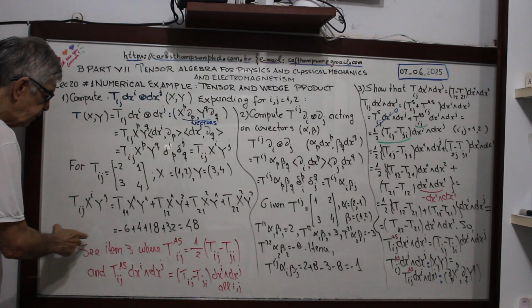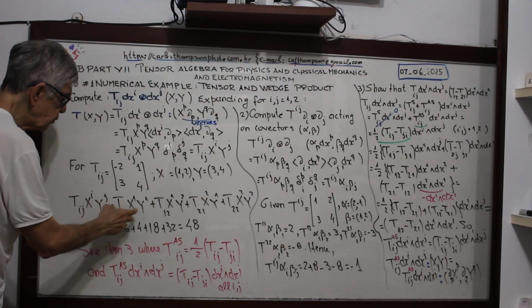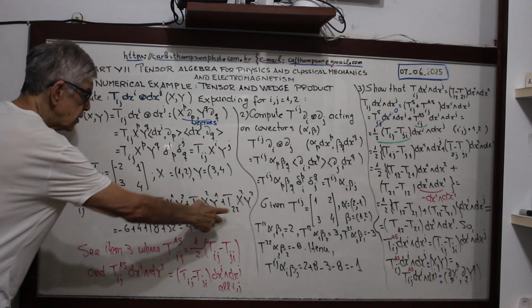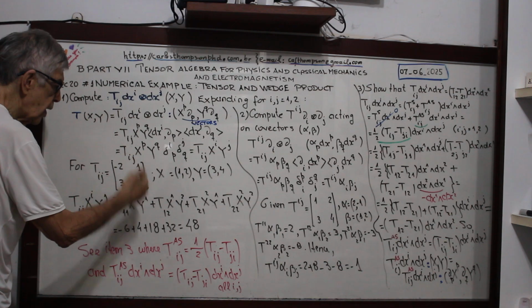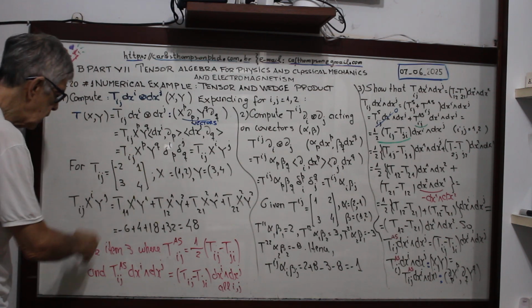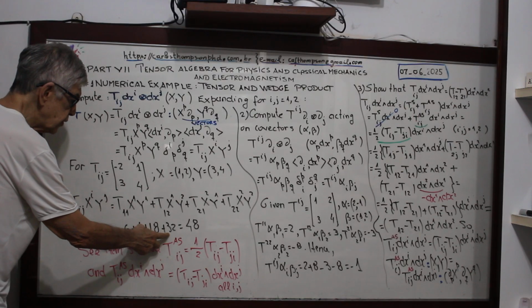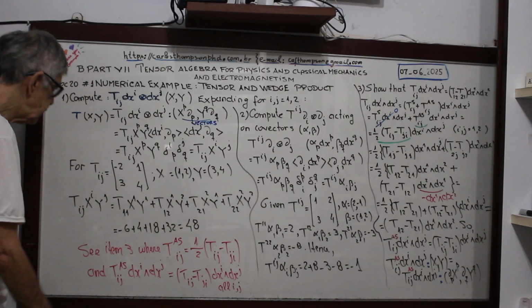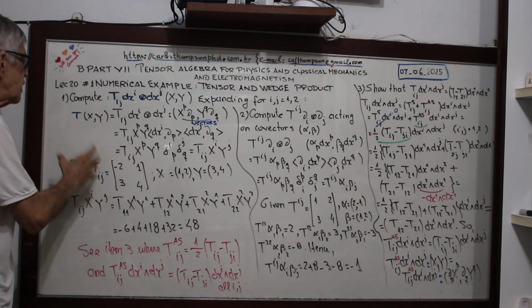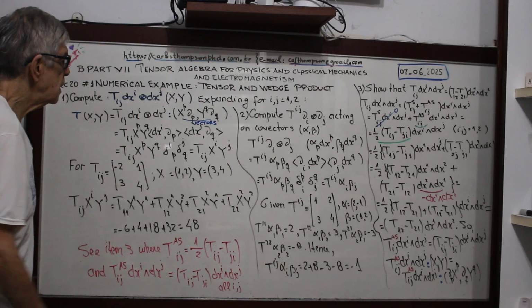Substituting T11, T12, T21, T22 with x1, y1, x2, y2, and so on, this is minus 6 plus 4 plus 18 plus 32, which is equal to 48. See, there's an application of this map.